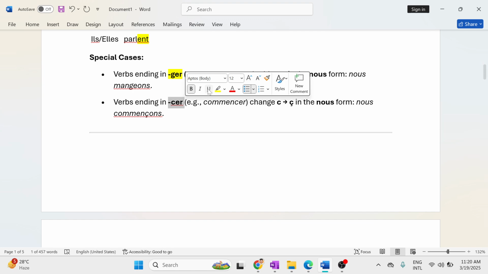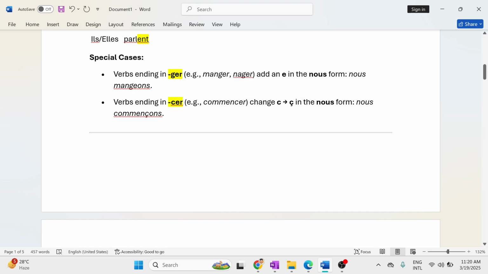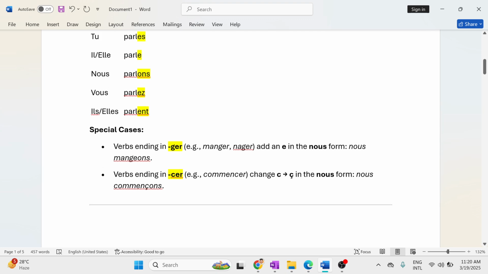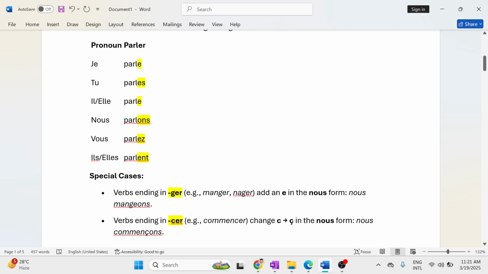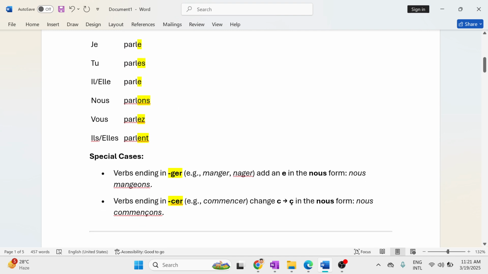GER and CER are basically spelling-changing verbs. Even though they are regular, they have some twists and tweaks here and there, so they are not exactly like parler, regarder, manger, écouter, the standard ones. These ones are a little different.